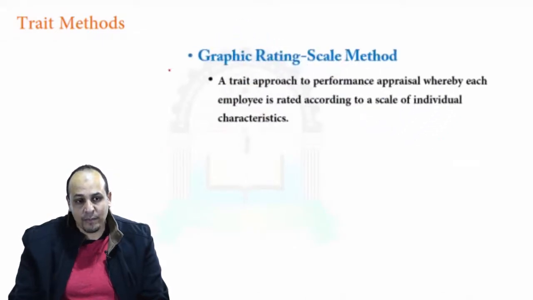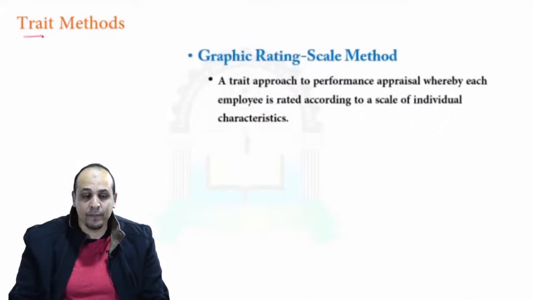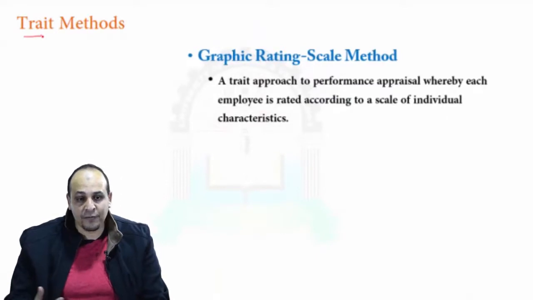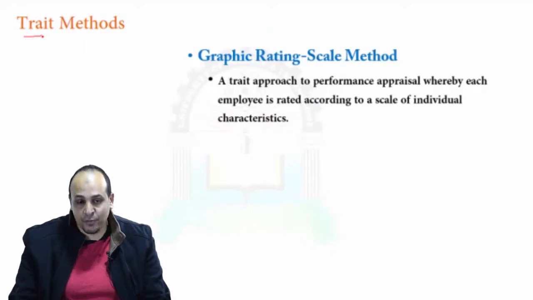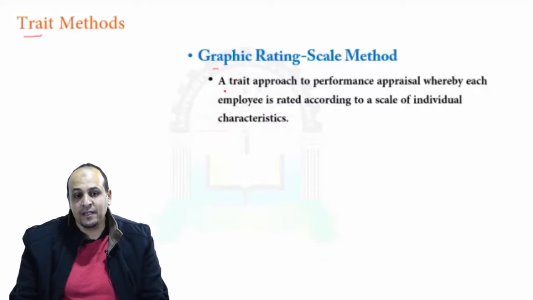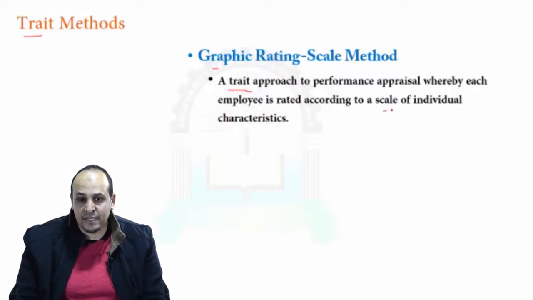So for example, the first one, remember we're talking about trait. So we will be talking about certain kind of traits employees have. So they will be used as means to measure the performance. So the first one, the graphic rating scale method. It's a trait approach to performance appraisal whereby each employee is rated according to a scale of individual characteristics.